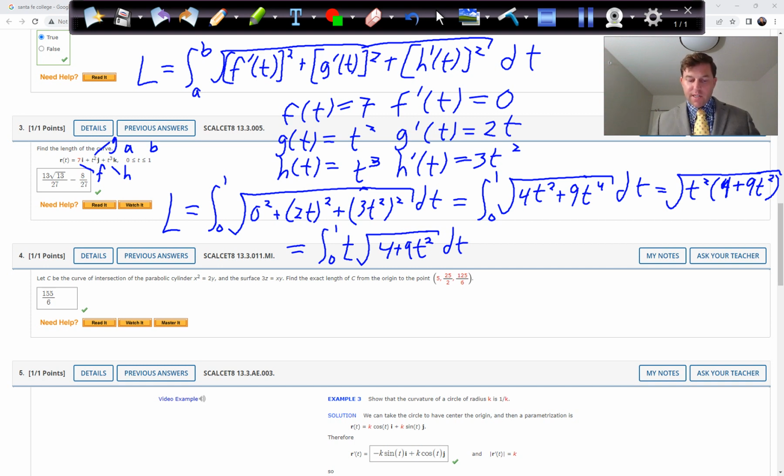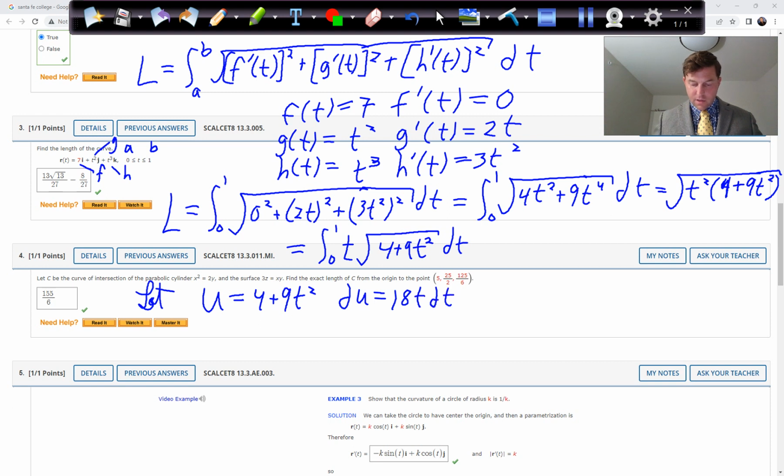Now to do this antiderivative, you have to let u equal the inside stuff of the square root, and du is going to equal the derivative of this, which is 18t dt. Therefore dt actually equals du over 18t.